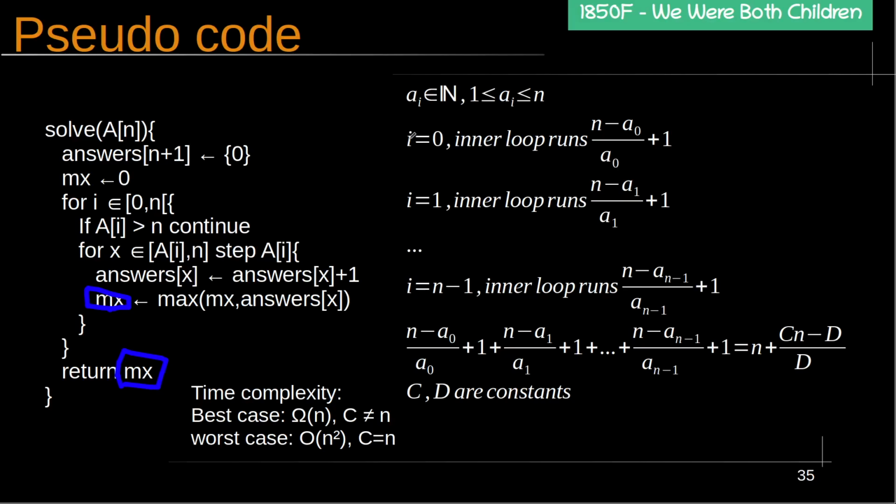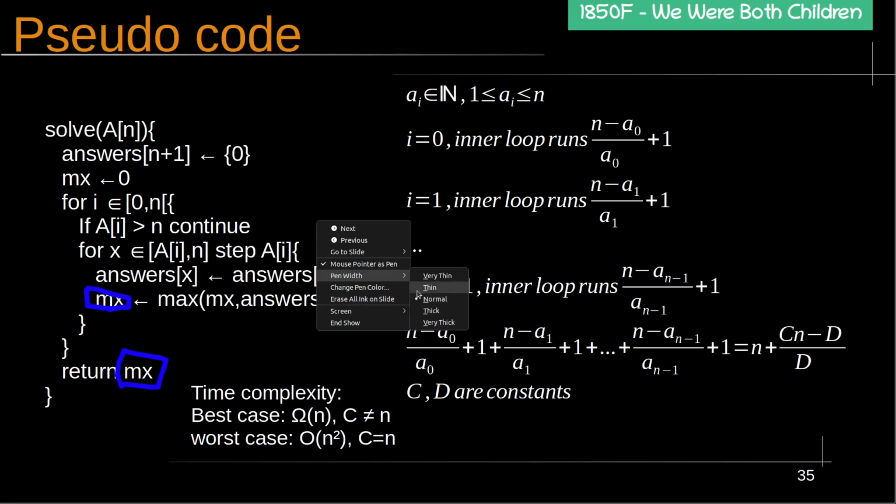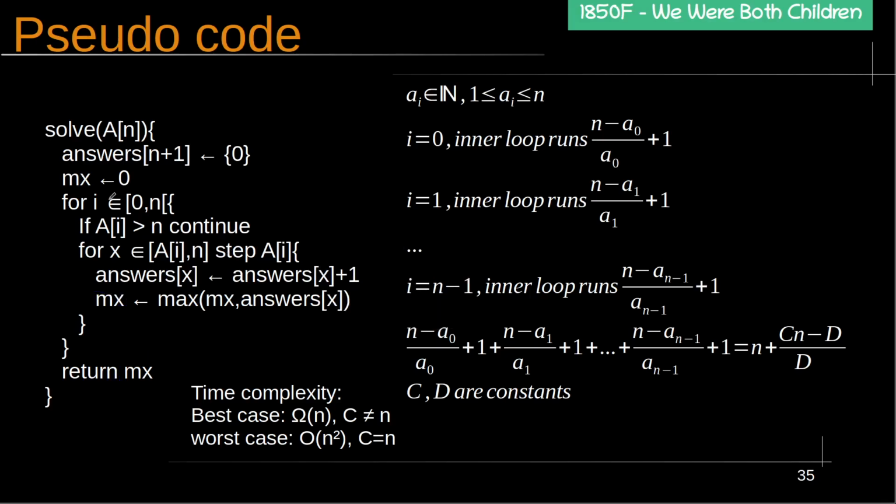If we analyze this pseudocode, as you see, we have two loops: this loop and this inner loop. For i equal to 0, the inner loop runs (n - a0)/a0 + 1 times, because the number of iterations of this loop depends on the element a_i, and we know that a_i is an integer between 1 and n.